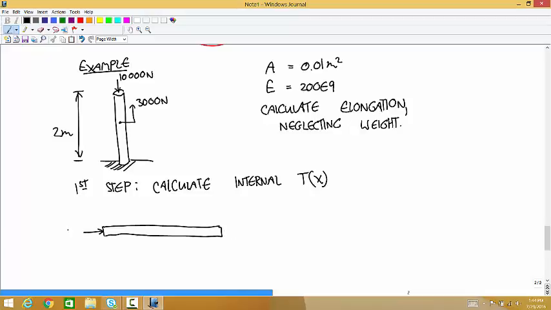So let's say this is the 10,000. And then at the midpoint, we have the 3,000 going this way. And then at the right, we have some tension, I'll call it Rx. You know, we have this reaction force that keeps it from moving.